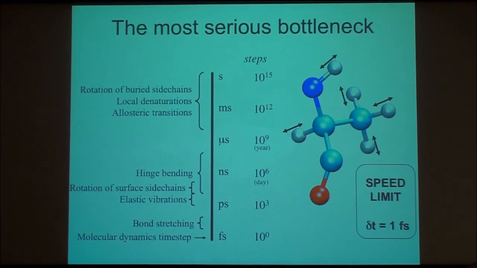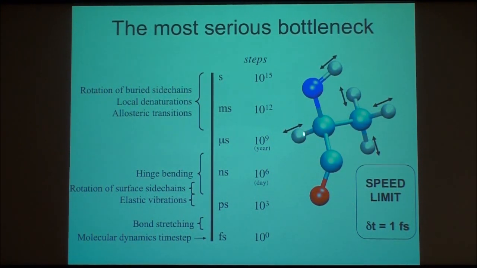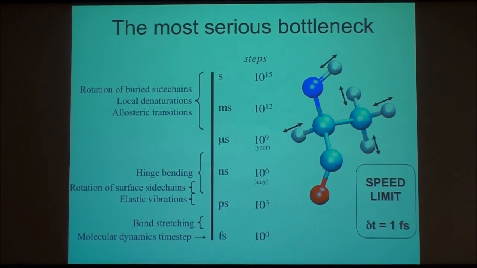If you look at the force field, and we will look at it, you will see that our force field essentially is based on chemistry. We describe bonds as springs, bond angles as springs, and dihedral angles using cosine functions. We know from chemistry, from spectroscopy, that bonds that involve hydrogens vibrate with a period of about 10 femtoseconds.